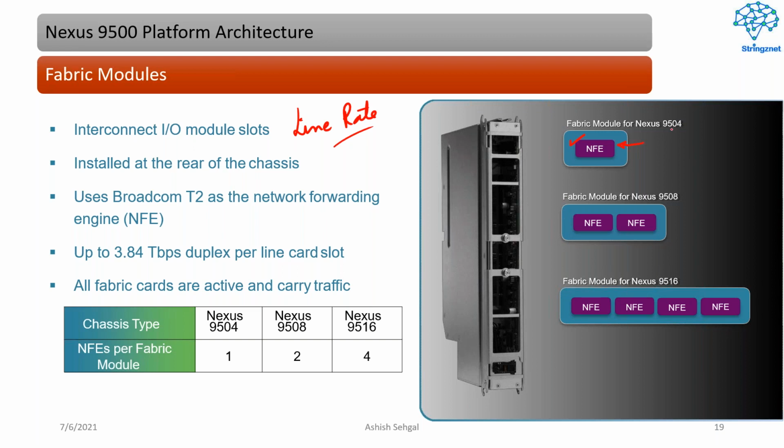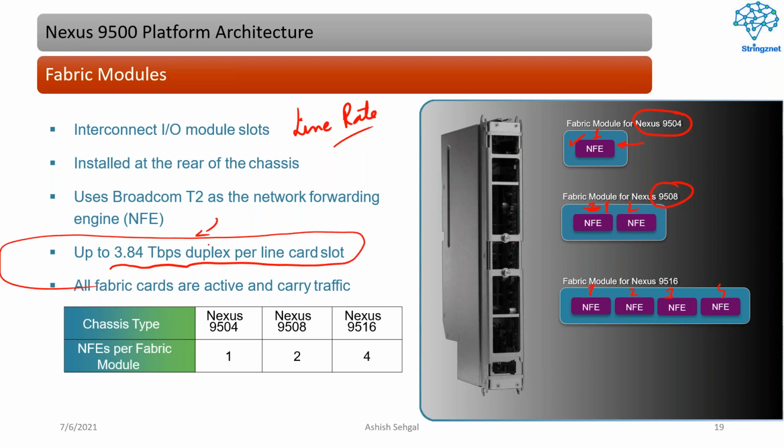Depending on the size of the Nexus 9500 series chassis, if the size is smaller, you require one single NFE engine. If it is 9508, you require two. Otherwise, for 9516, you have four programmed intelligent ASIC chips in your fabric module. And it is mentioned as up to 3.84 Tbps duplex per line card slot.